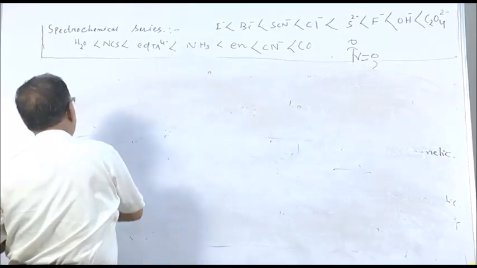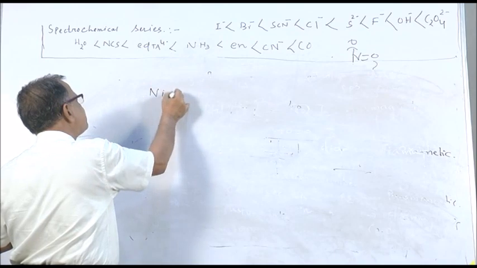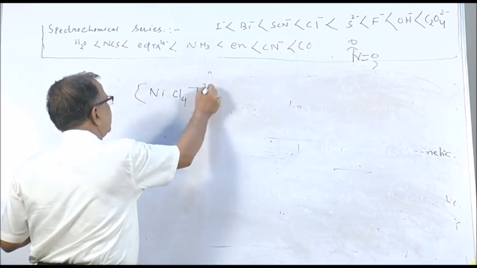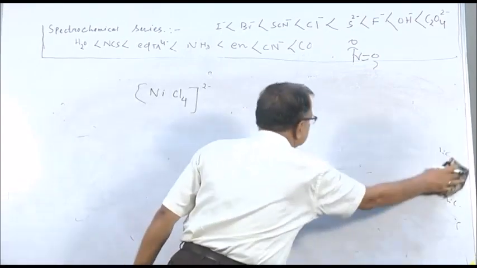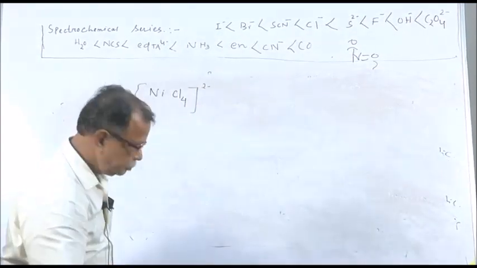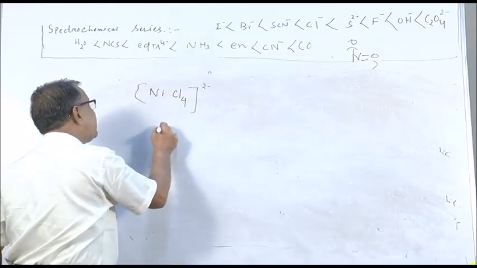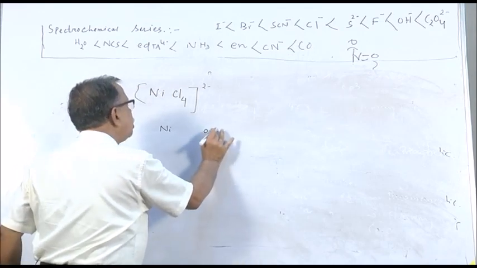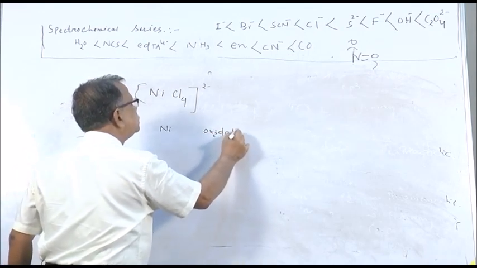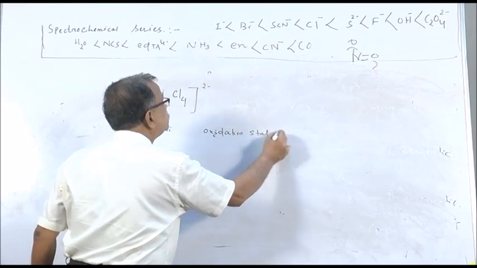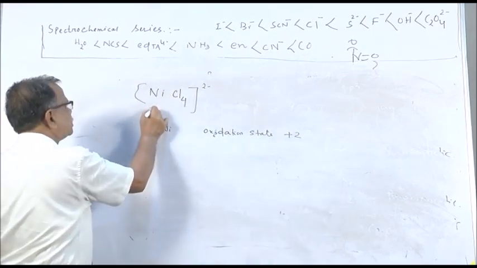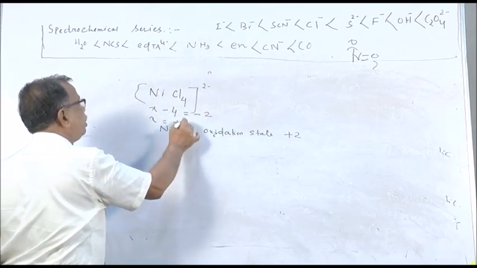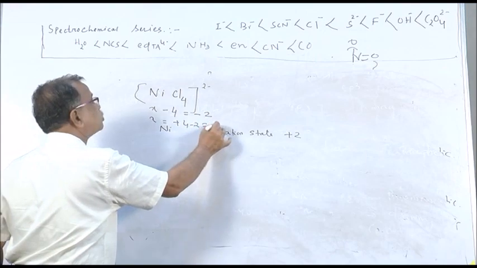Now last, NiCl4 2 minus. Here also nickel remains in the oxidation state +2, because X minus 4 is equal to minus 2, so X is equal to +4 minus 2, which is +2.